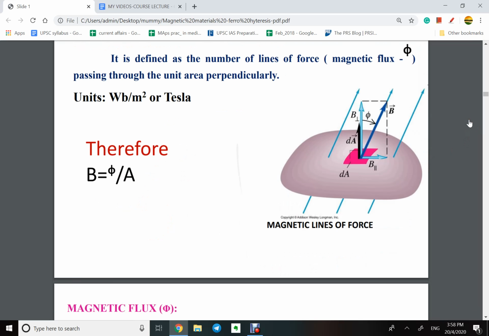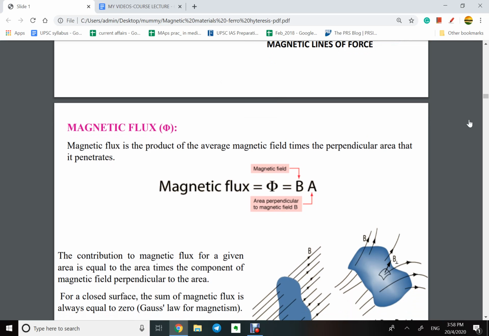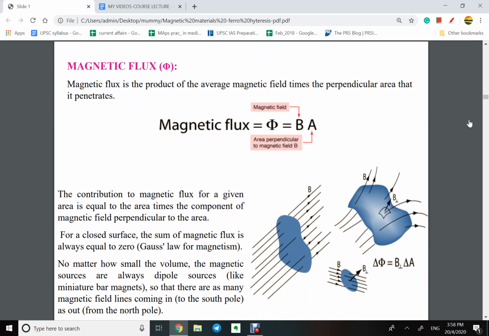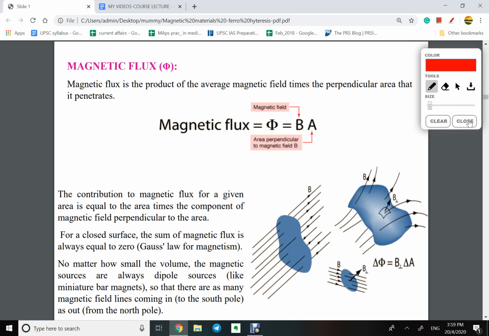Now we'll go to the next slide for the next definition, magnetic flux. Already I told you about magnetic flux. So from the equation which I showed you in the previous slide, magnetic flux is given by this equation.